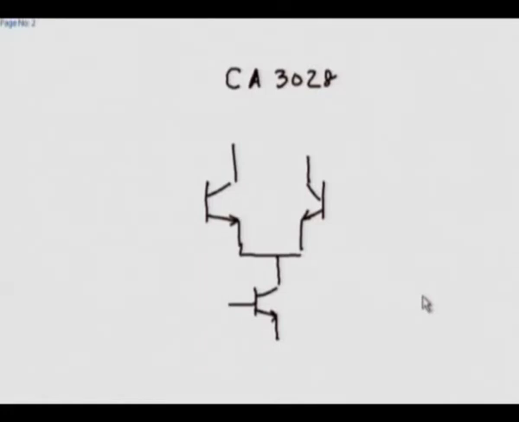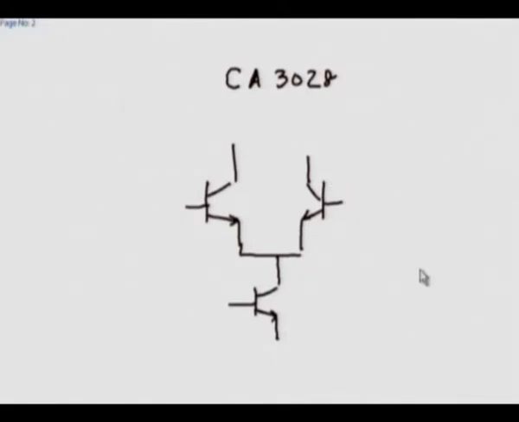Now this is typically how a CA3028 would look like. Now it has a few resistors also put there, but primarily the way it is connected here, you could use this particular IC in a variety of applications.